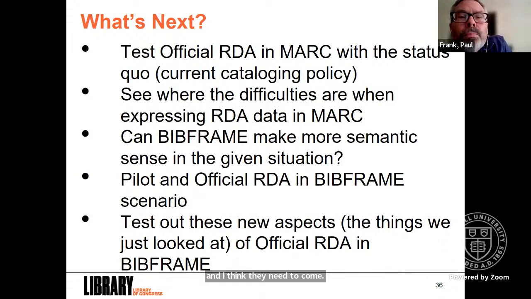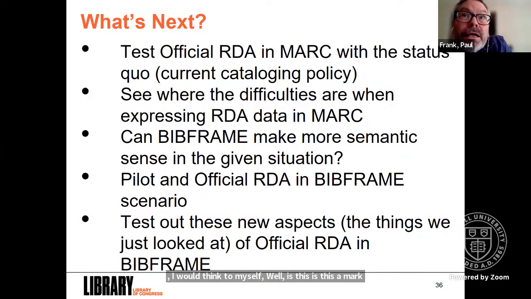So what we're hoping to find out from the test is where there are difficulties when expressing RDA data in MARC. And I know there are already a lot of difficulties because I've pointed a lot of them out, but you probably know of other difficulties. And when we look at that data from the test, if I was reviewing the data, I would think to myself, well, is this a MARC problem or is this an RDA problem?